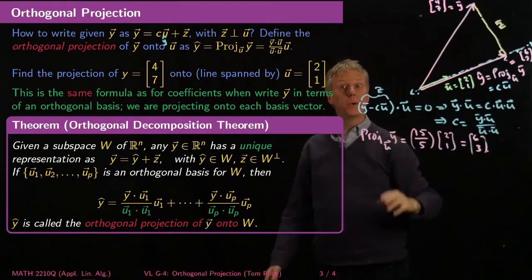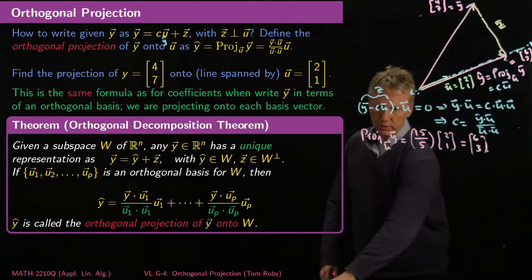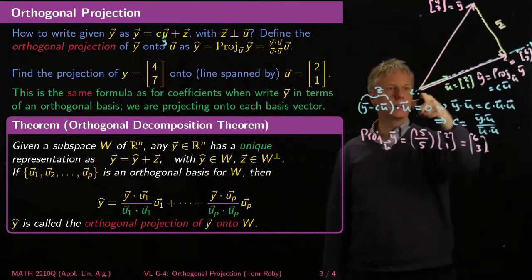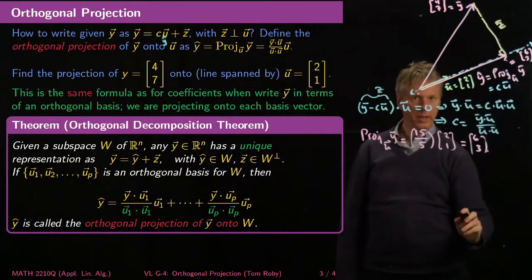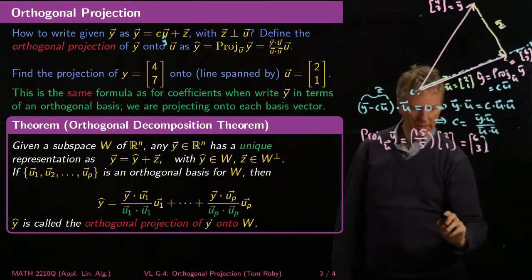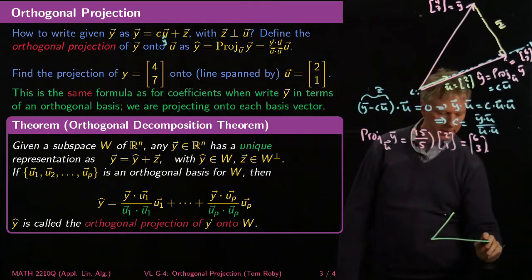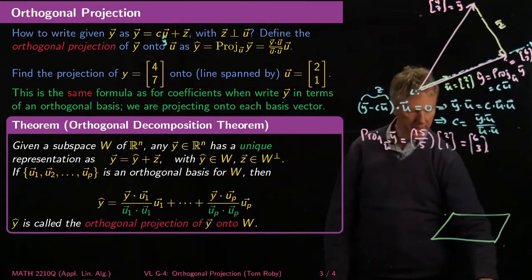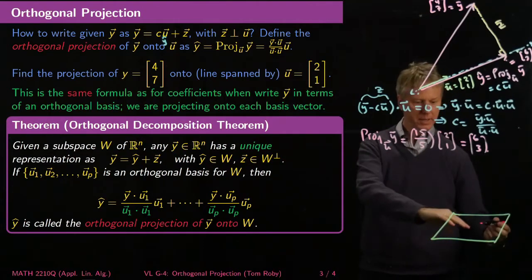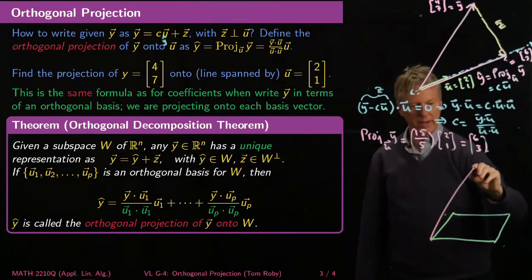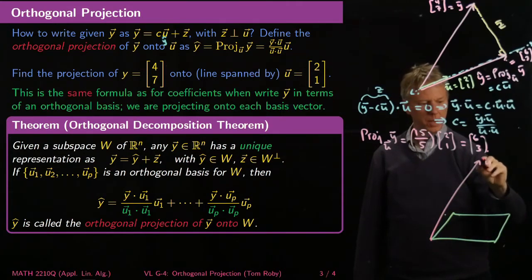What happens if we've got more than one dimension? So maybe I should draw a quick picture of the scenario I have in mind, which is now instead of having this vector with just one line below it, I'm thinking of something like the following. I can only really draw 3 dimensions easily. Here's a 2-dimensional subspace in R3. And here's the origin, and now I've got some other vector out here. This is my y.